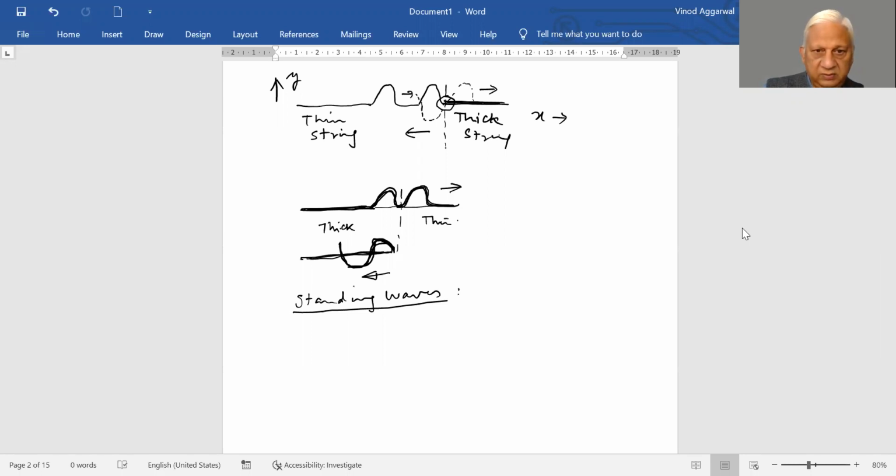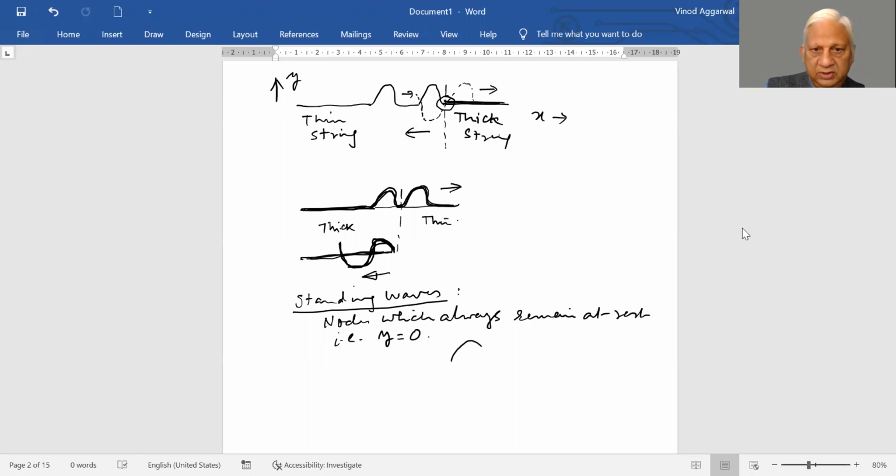Standing waves are waves in which we see nodes which always remain at rest. That is, for them y is 0. And it gives us the impression that the wave is not moving anywhere, it is standing.